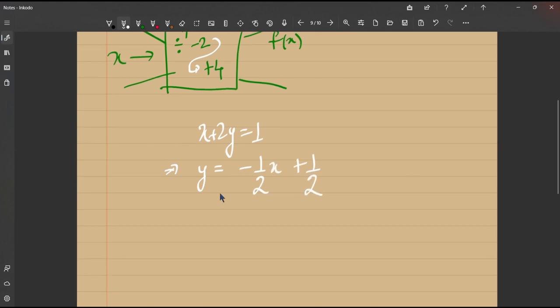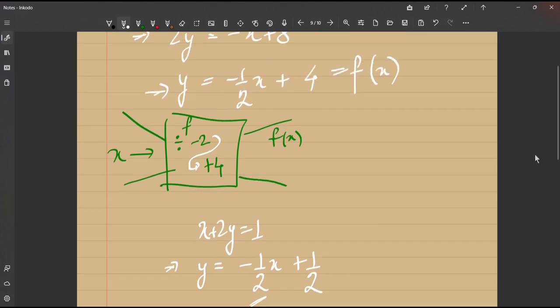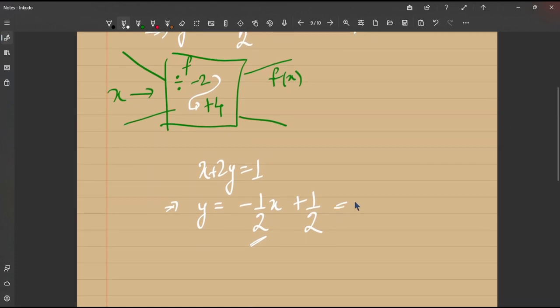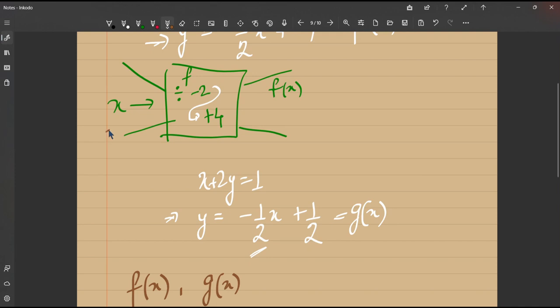So here I have asked a function to multiply the input value by negative 1 over 2 first, but add just 1 by 2 to it rather than 4. So these are two functions we have. I'll call this maybe g of x. So we have two functions, f of x and g of x. One function is this green one we have represented, and the other one is this one.